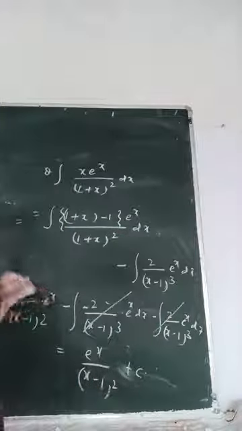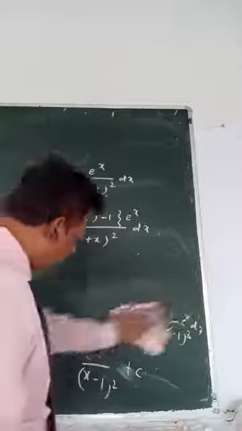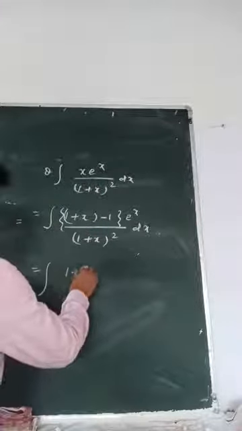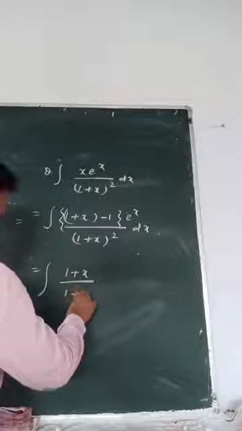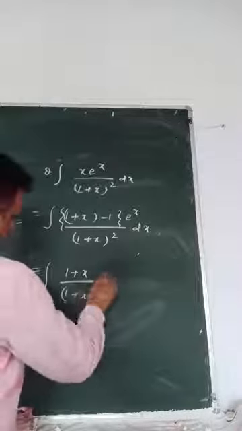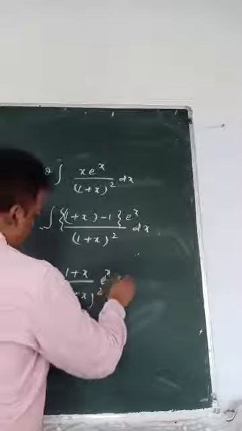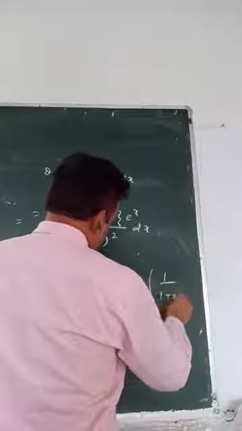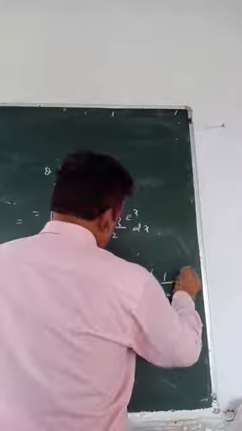So separation: 1 plus x by 1 plus x whole square e to the power x dx minus 1 by 1 plus x whole square e to the power x dx.